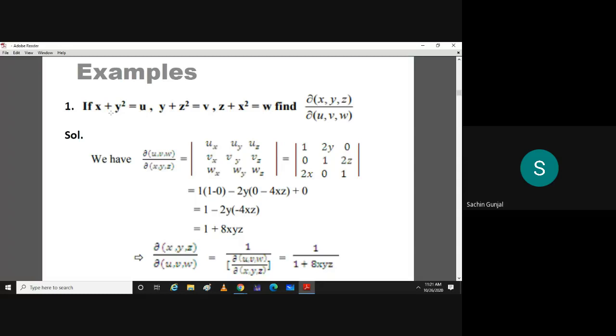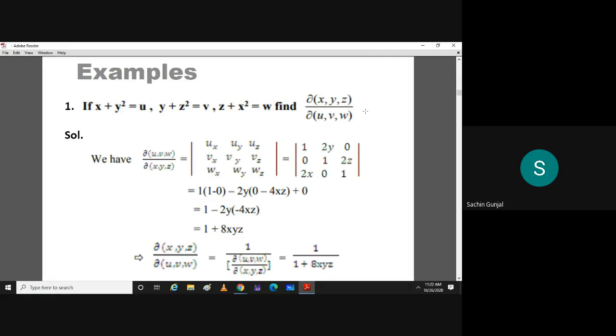u is equal to x plus y square, v is equal to y plus z square, and w is equal to z plus x square. Now the question is, find Jacobian of xyz with respect to uvw. To find Jacobian of xyz with respect to uvw, x should be a function of uvw, isn't it?